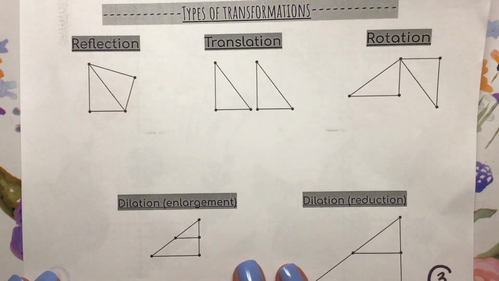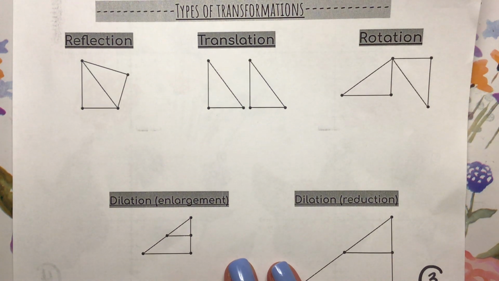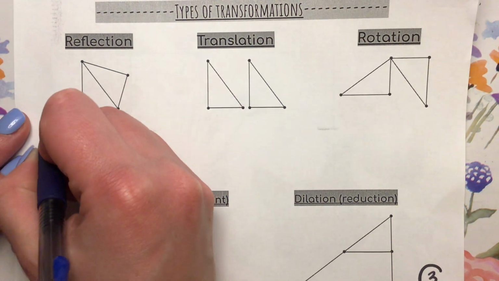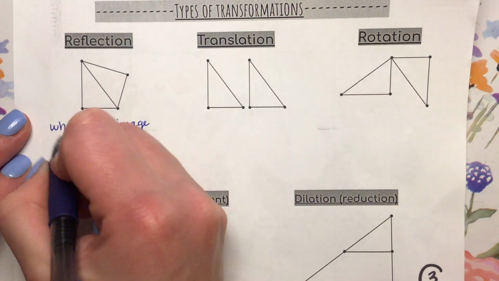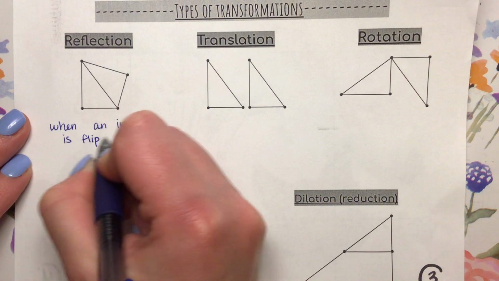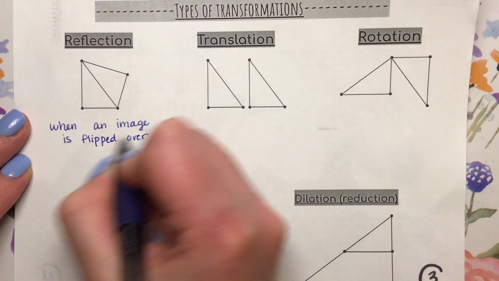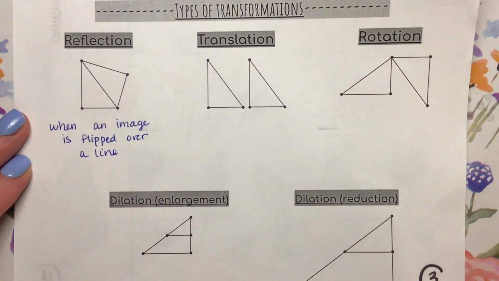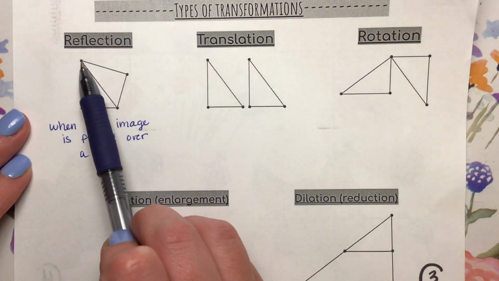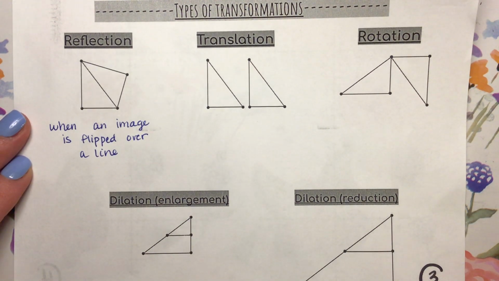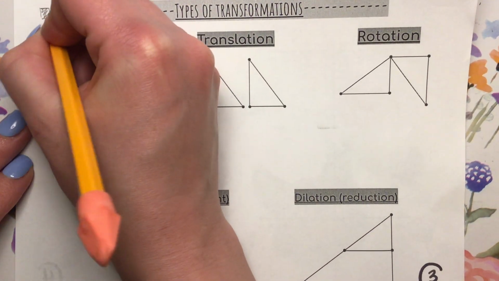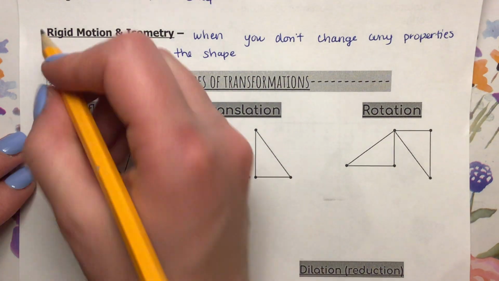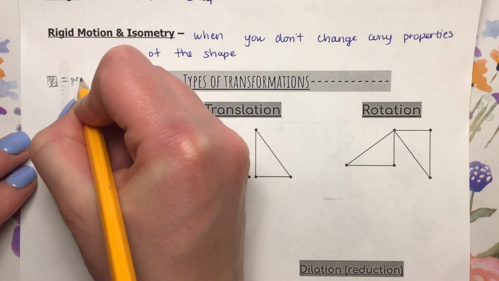So we have a number of types of transformations, and we have them all listed here. A reflection is when an image is flipped over a line. If we were to look at this triangle right here as the pre-image, I'll shade that and make a little note saying shading is equal to pre-image.